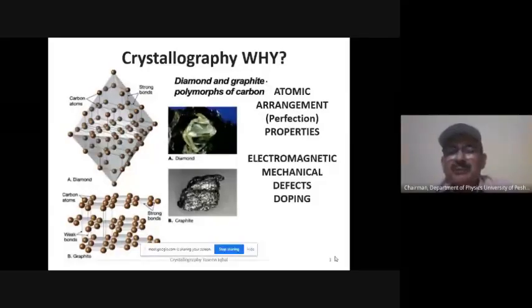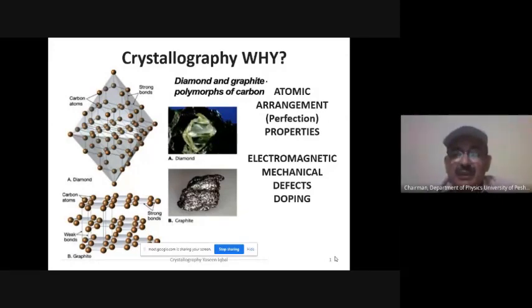And I have discussed in very much detail where the properties arise from, the origin of property. The origin of property is in the atomic arrangement. If you know about the atomic arrangement of a material, then you can predict the properties. If you are expert in the atomic arrangement of material, then you can arrange these atoms artificially and engineer or tailor the material according to your application.